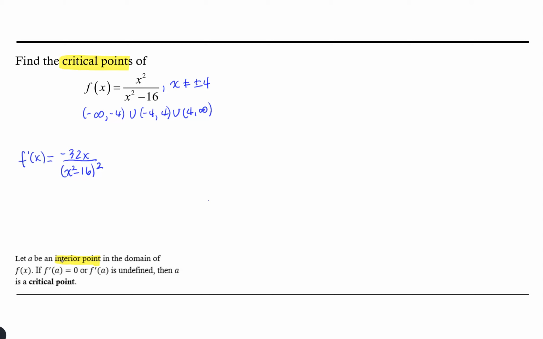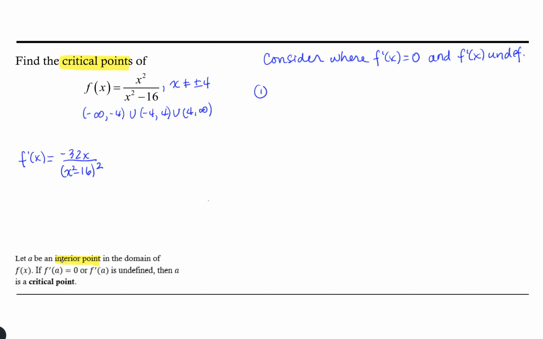So we want to do two things. We want to consider where f prime of x equals 0 and where f prime of x is undefined. So those are the two things we have to consider.